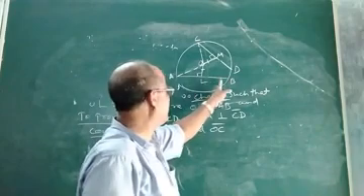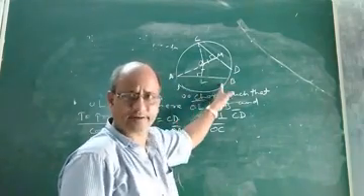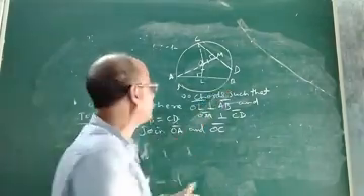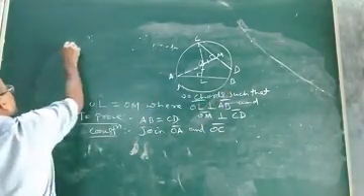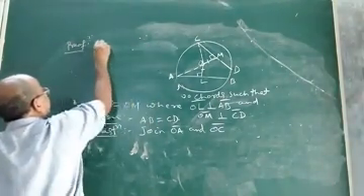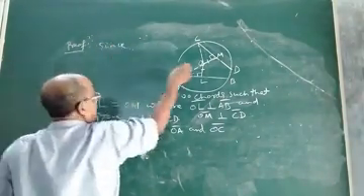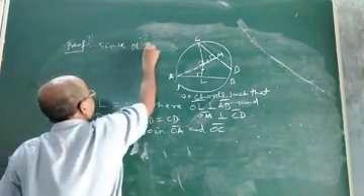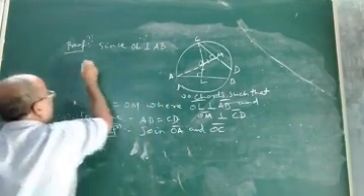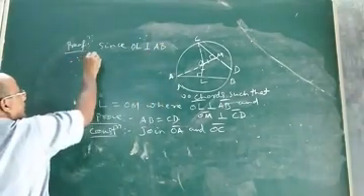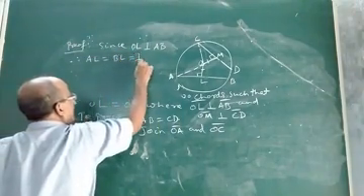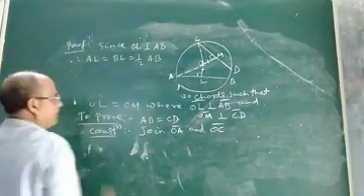As OL is perpendicular to AB, it will bisect it, because the perpendicular from the center of a circle to a chord bisects the chord. So since OL is perpendicular to AB, therefore AL equal to BL, and both will be equal to half of AB.